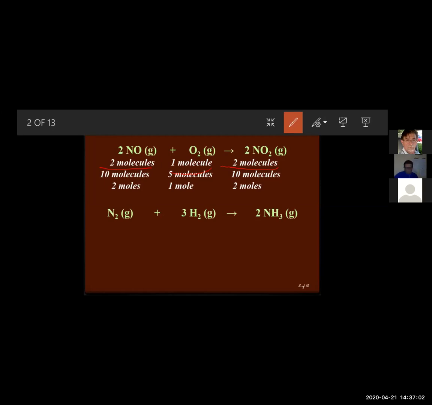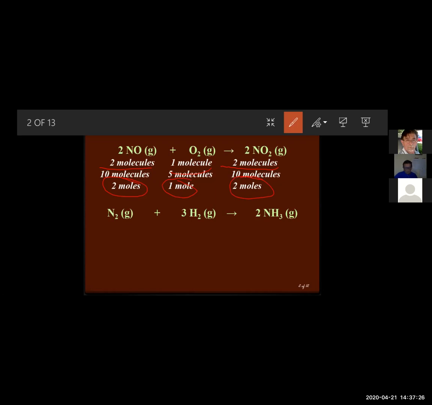Now we can extend that and say it takes 2 moles. Remember moles, Avogadro's number, 6.02 times 10 to the 23rd molecules. Well, 2 moles of NO require 1 mole of oxygen to give us 2 moles of nitrogen dioxide.